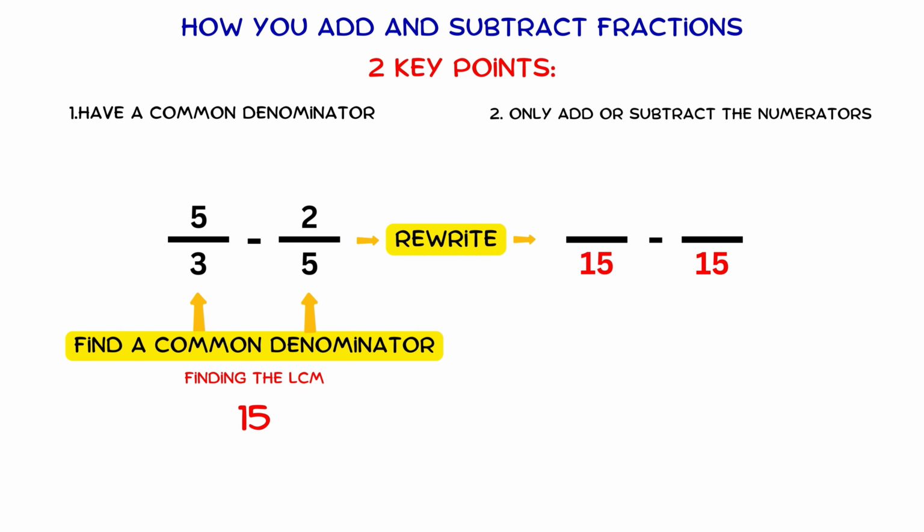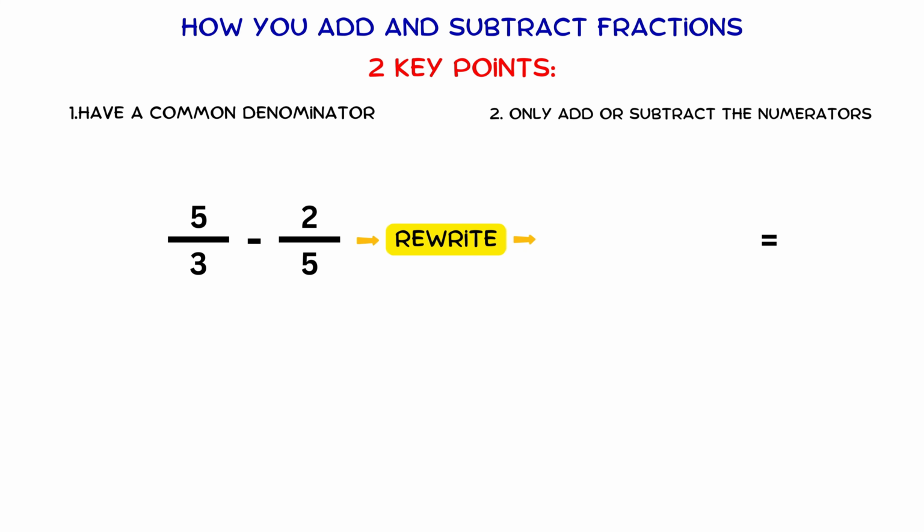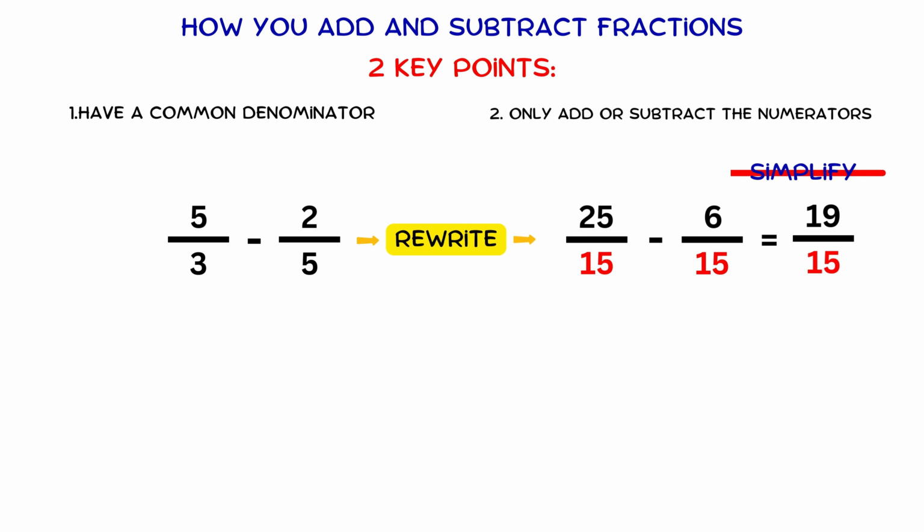To get 15, we have to multiply 3 by 5, so we also have to multiply 5 by 5 to get 25, and to get from 5 to 15, we've multiplied by 3, so we also multiply 2 by 3 to get 6. Then lastly, as we only subtract the numerators, we do 25 take away 6 to get 19 over 15, and again, we can't simplify that at all, so we leave that as our final answer.